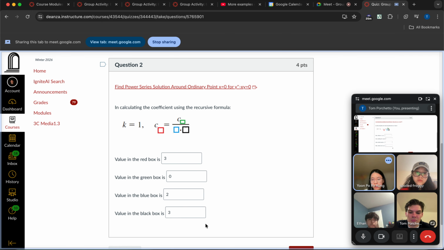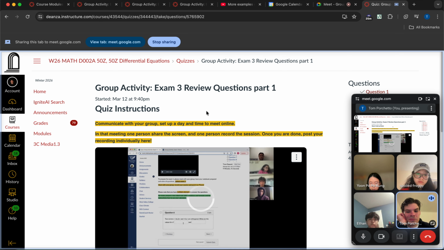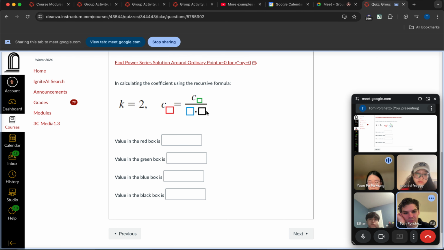For k equal to 2, we have c4, the red box will be c4, the green one will be c1, divided by 3 times 4.